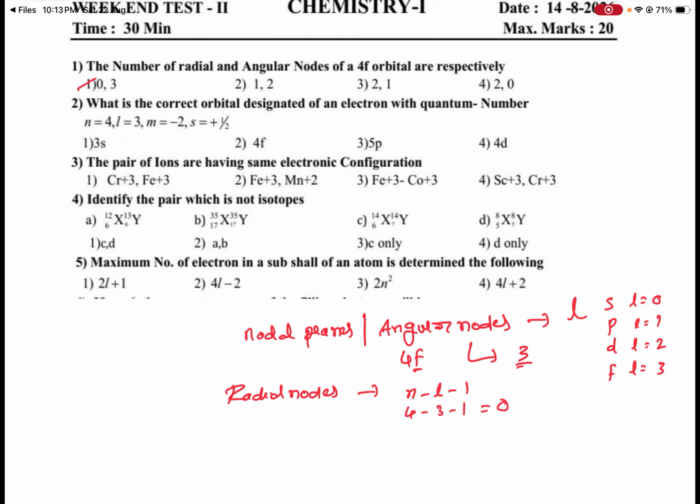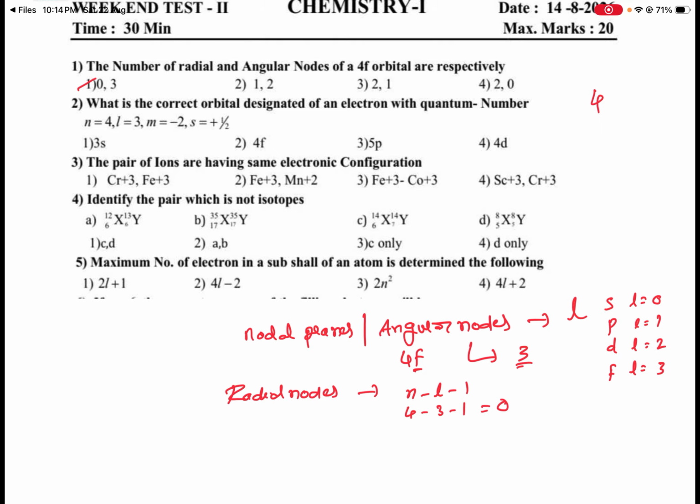Okay, next, the second one. What is the correct orbital designation of an electron with quantum numbers n is equal to 4, L is equal to 3, m is equal to minus 2, s is equal to plus 1 by 2? N means principal quantum number, that is 4.